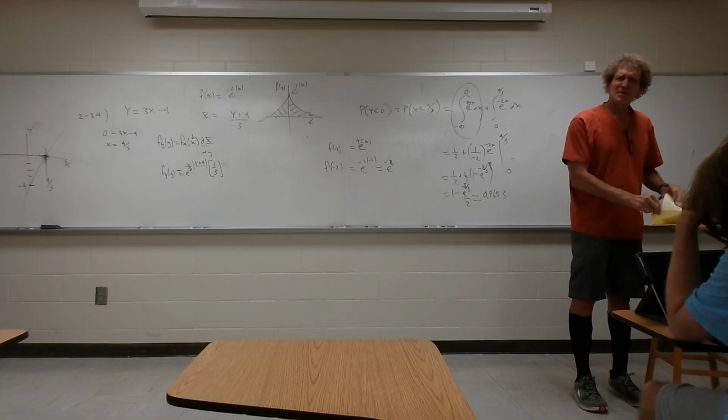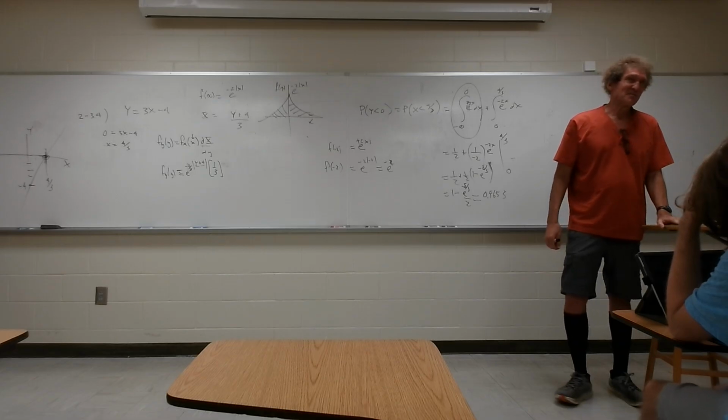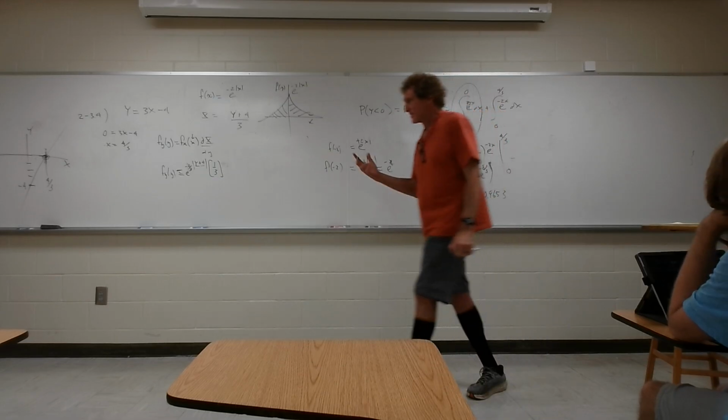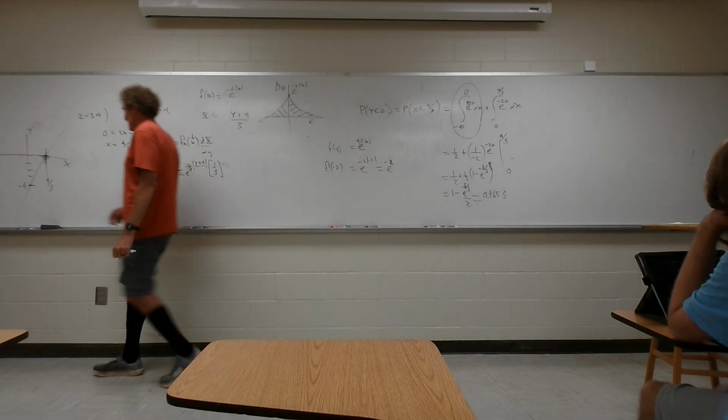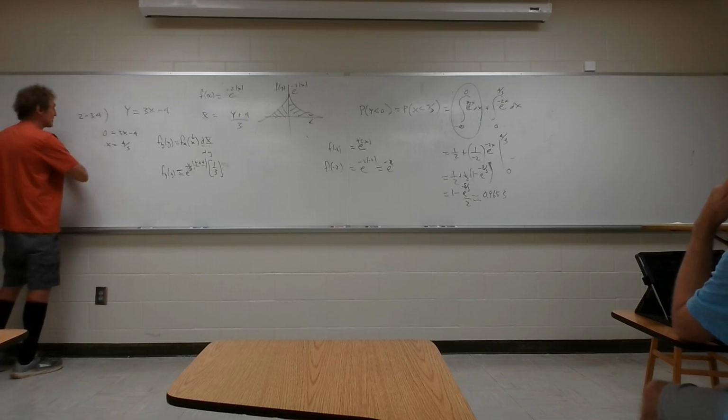What's the third part of this one? Find the probability that y is greater than x. All right, now how do you do that? That's a good one. I get it, but sometimes unless you see it asked before you see it on a quiz, you get in trouble.